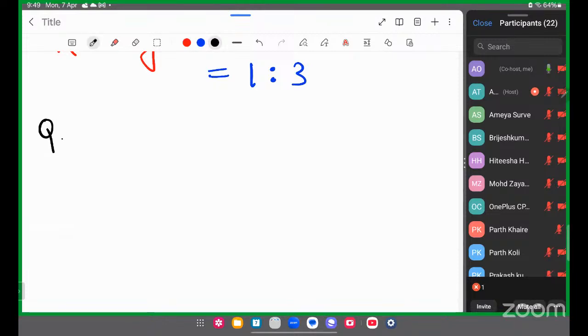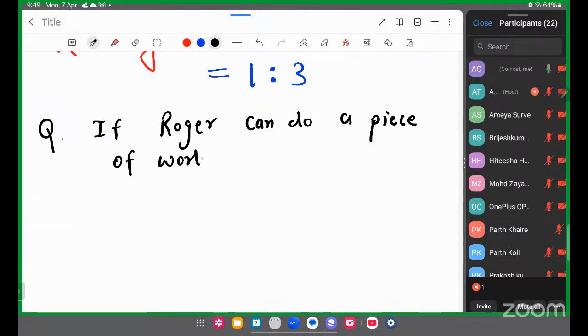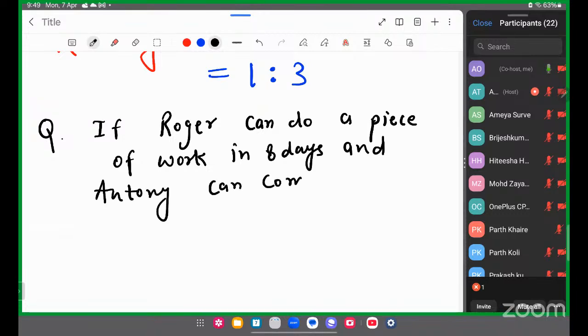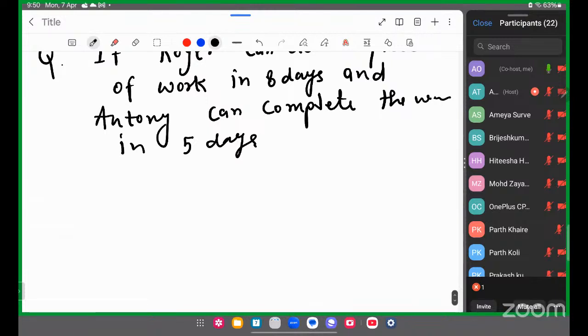Let's do some questions so that you can understand how to apply the concept. Question is, if A can do a piece of work in 8 days, and B can complete the same work in 5 days.